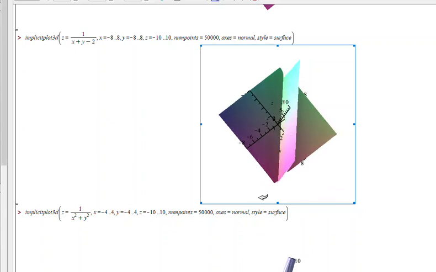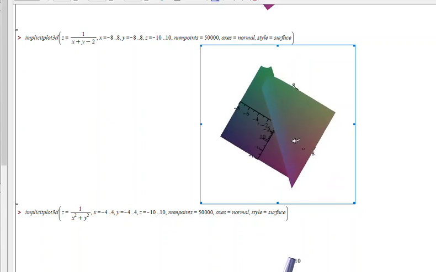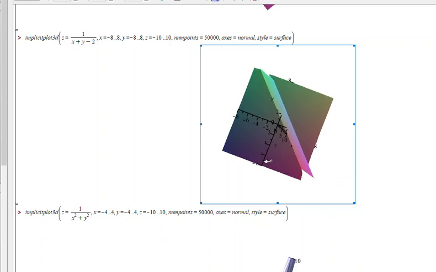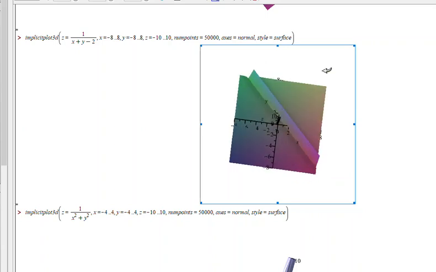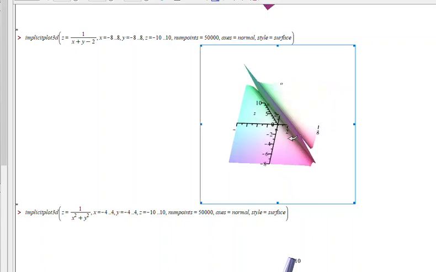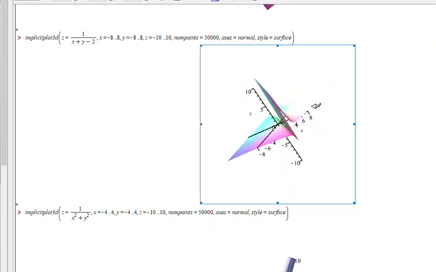Let me get this turned in the way that we expect to see it. There we go. So here we are above that line. Here we are below it. If I turn to the side, you can see our curve going up towards positive infinity from this side, which was above that line, and then down toward negative infinity on the other side. So up towards positive infinity, going down toward negative infinity, just like we predicted.